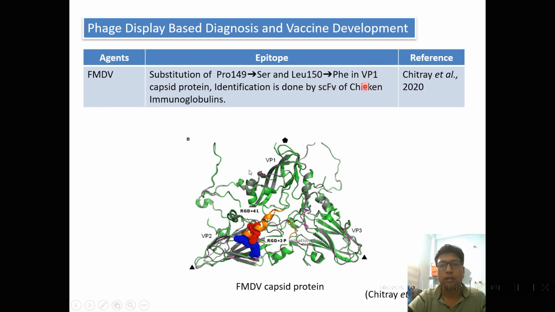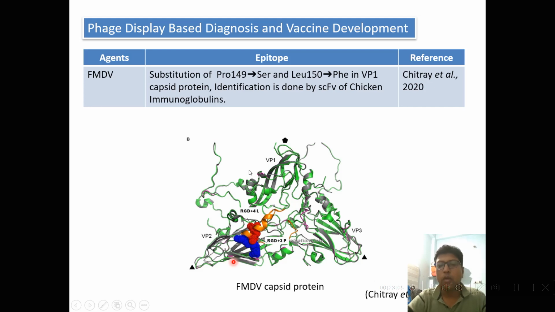VP1 protein is part of the capsid protein of the FMD virus. This substitution in the epitope can be detected with the help of single chain variable fragment of chicken immunoglobulin antibodies, which can be used for the detection of epitope change. So that is a good example of epitope mapping.